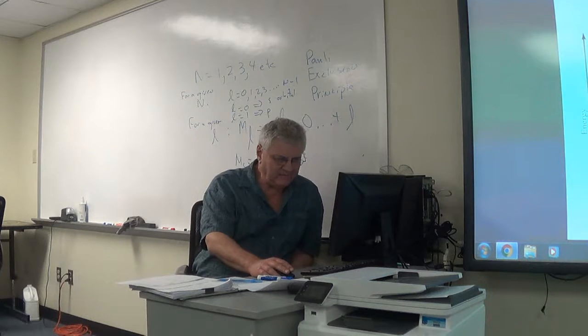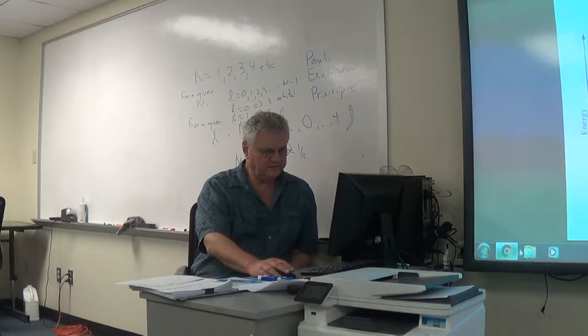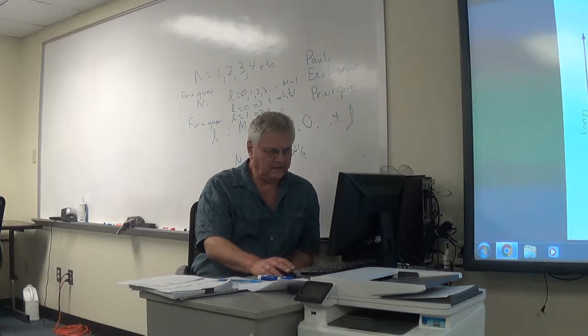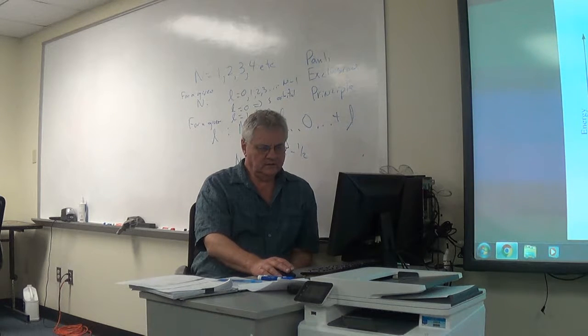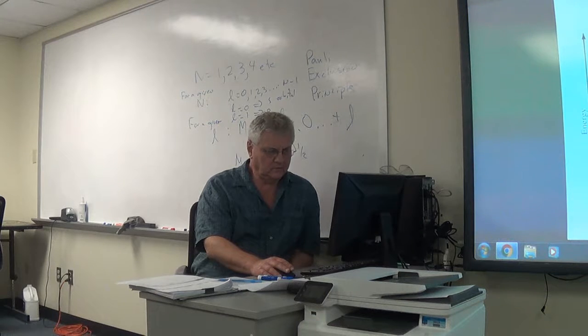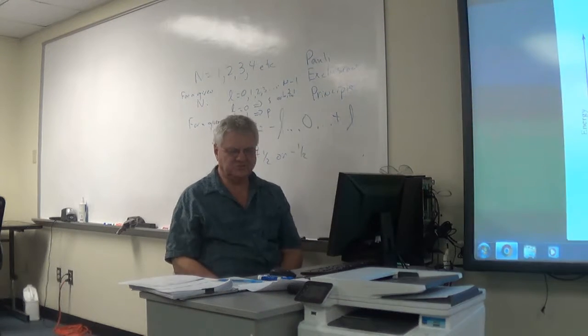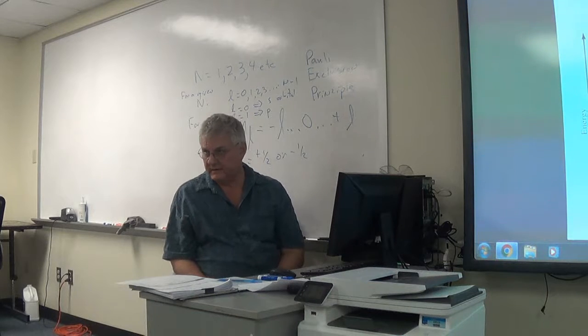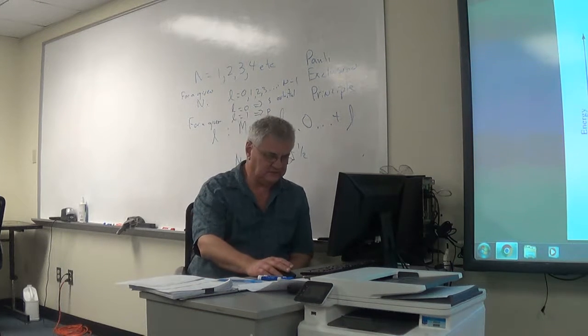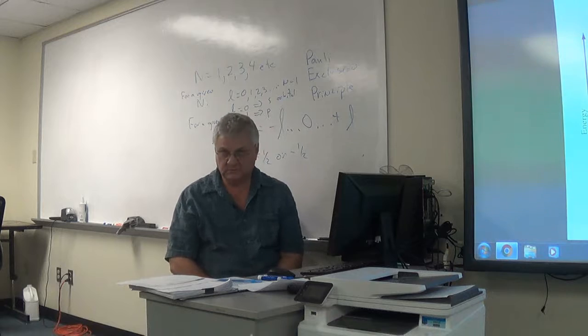This is a Rydberg constant, and then n is just the principal quantum number. If we know what energy level it's in, well, we can easily calculate its energy. This is just for hydrogen. You can't use this equation for the other elements.